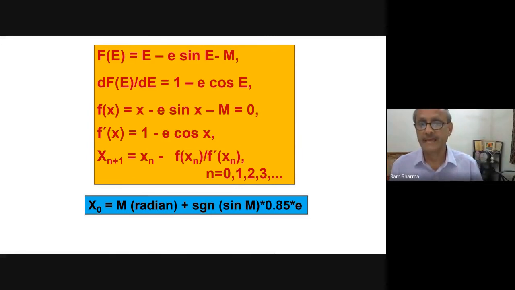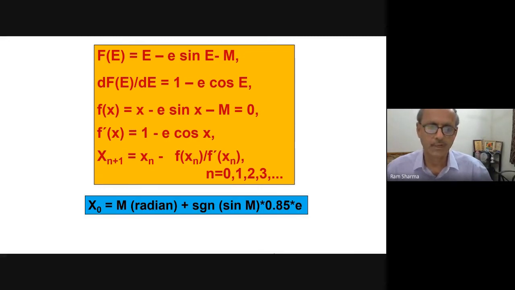We know the signum function: if sine m is positive, then signum is a positive value. Sine is positive in the first and second quadrants. So if your value of m lies in the first or second quadrant, we take a positive value, and if it lies in the third or fourth quadrant, a negative value.